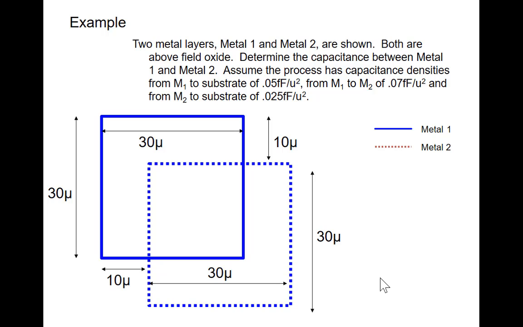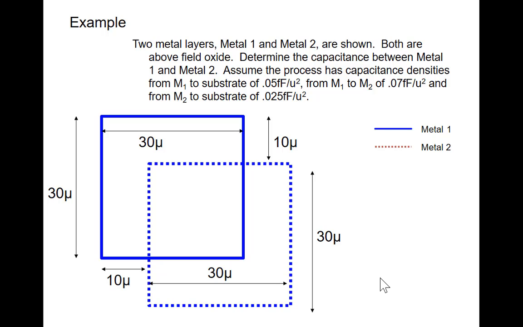Here's another example where we have two regions that overlap, but one is not always bigger than the other one. So here I might have metal 1 and metal 2. Metal 1 is this region, metal 2 is this region, and they only intersect in this region here. So again, we can determine the capacitance between metal 1 and metal 2.